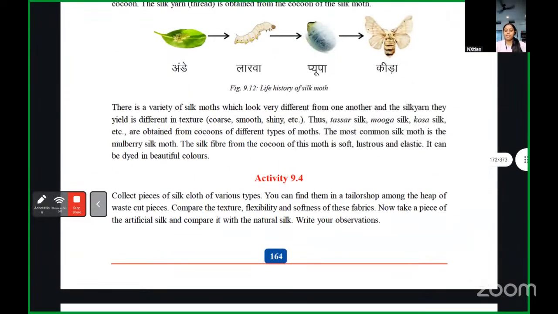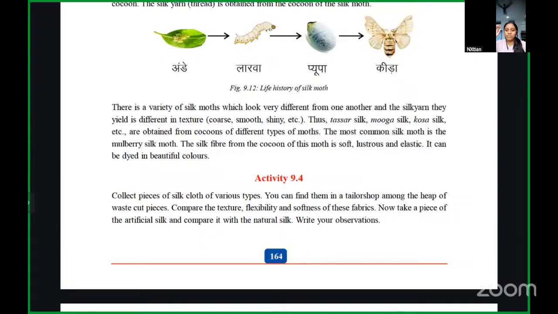Now, there are different types of silk moths, and based on these different types of silk moths, we have different types of silk.